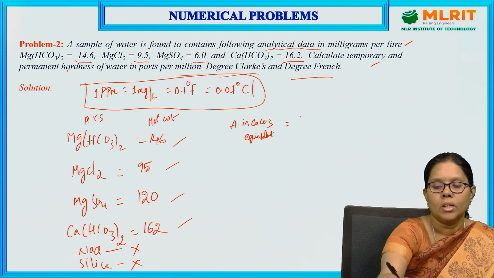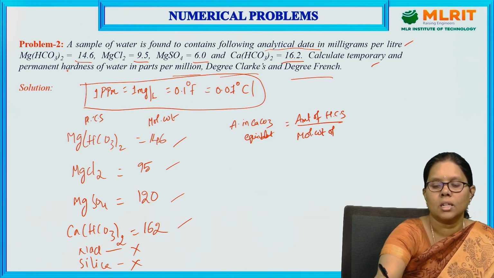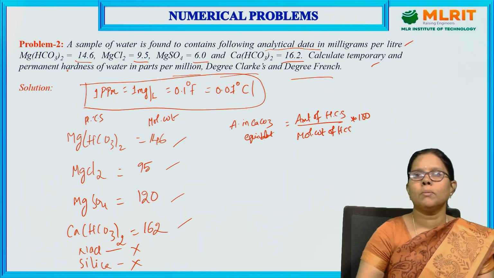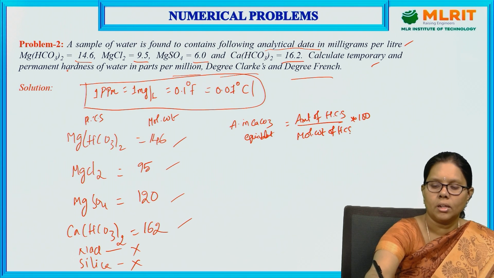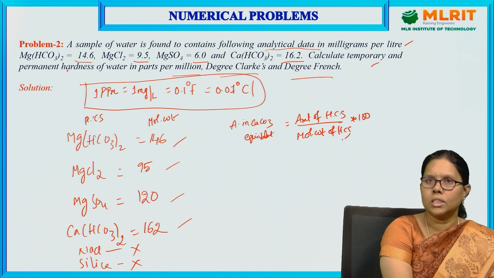It is nothing but amount of hardness causing salt divided by molecular weight of hardness causing salt into 100. Why it is 100? Molecular weight of CaCO3, calcium carbonate. So by using this formula and these molecular weights, we are going to calculate.